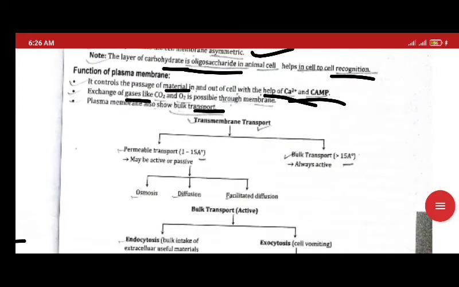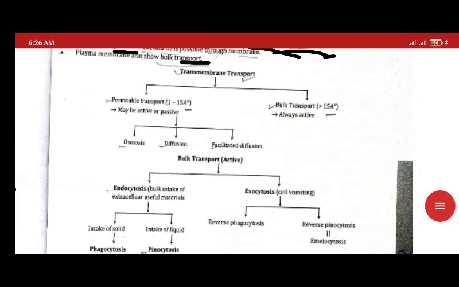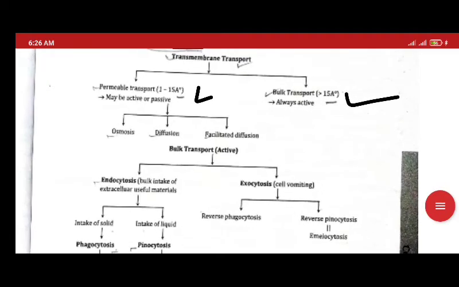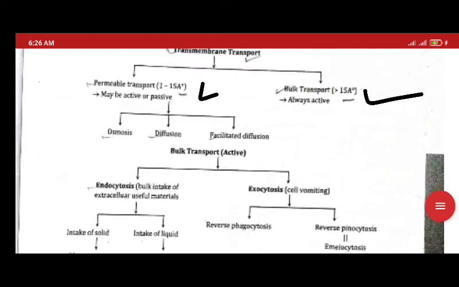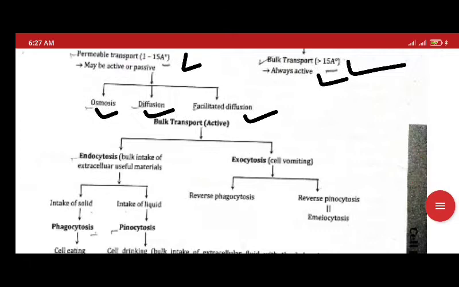It also acts in transport. Now transmembrane transport can be permeable type and bulk transport. Permeable transport can be active and passive: active, and passive such as osmosis, diffusion and facilitated diffusion.